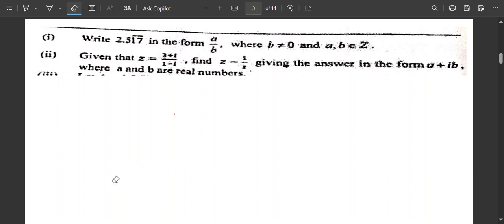The best way to approach this question is this: we are given z is equal to 3 plus i, the imaginary number, over 1 minus i. We are told to find z minus 1 over z. So let me make z a real number so that I can at least do something, even if I'm writing this in fraction form. So the complex form will be like that, and let me now maintain this one.